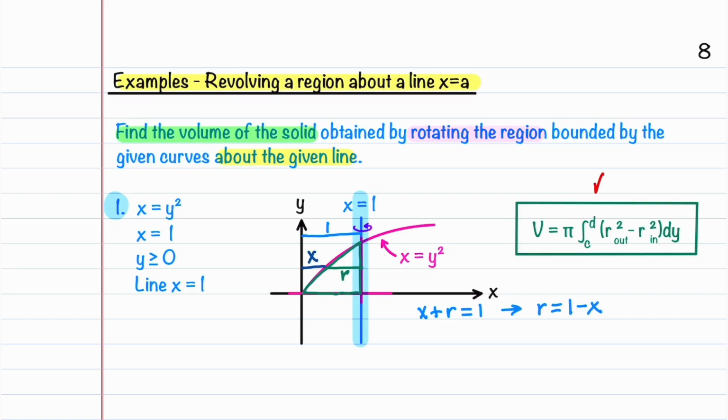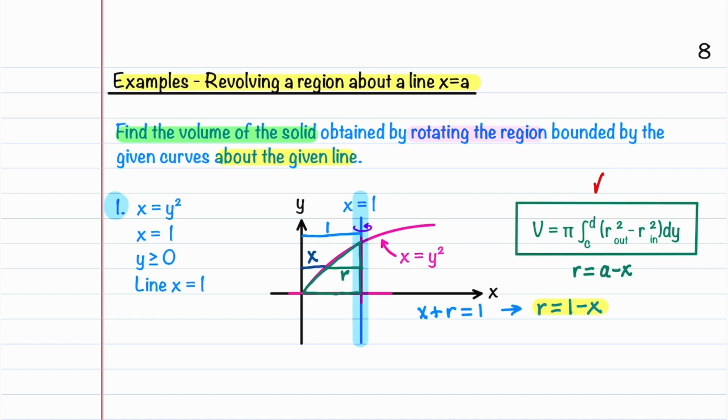The general formula for this, when our axis is to the right of our region, is r is equal to a minus x. When I've taught this in class, I've found that some students like to memorize that formula, and some students like to just figure it out like we did. Let me go ahead and highlight what we found because we are going to need that.